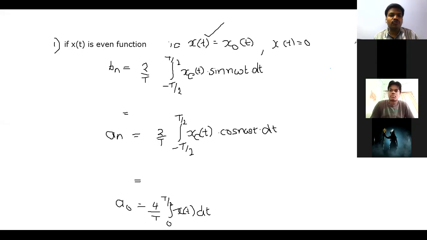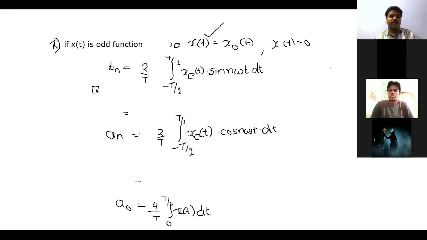So this is case 2, if x of t is an odd function.